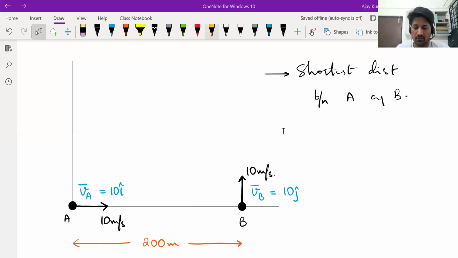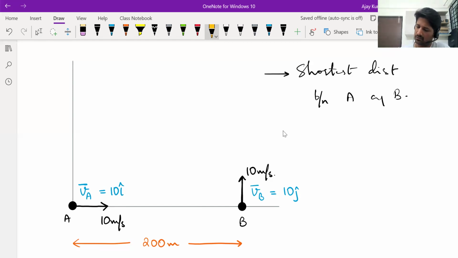You can solve questions without using relative motion also, but in such cases, when you have to find the shortest distance, or when two objects collide, or when a car overtakes another car, if you use relative motion, the situation becomes simpler.